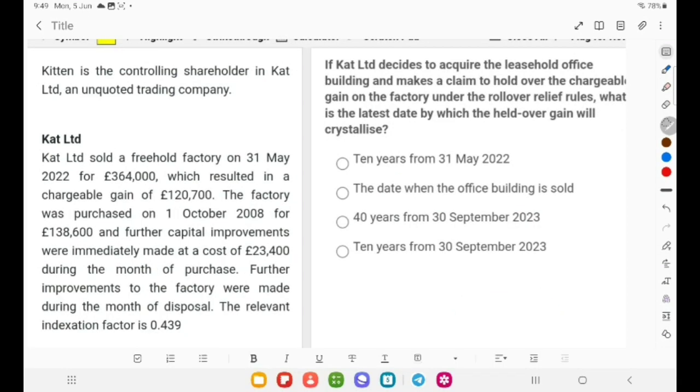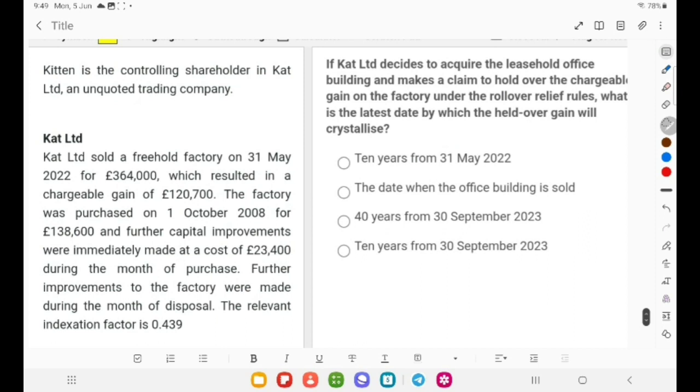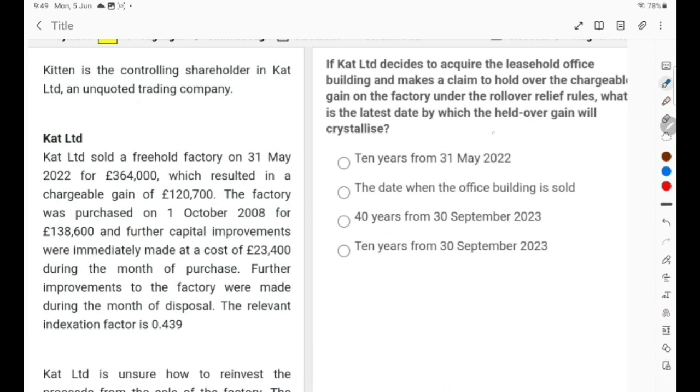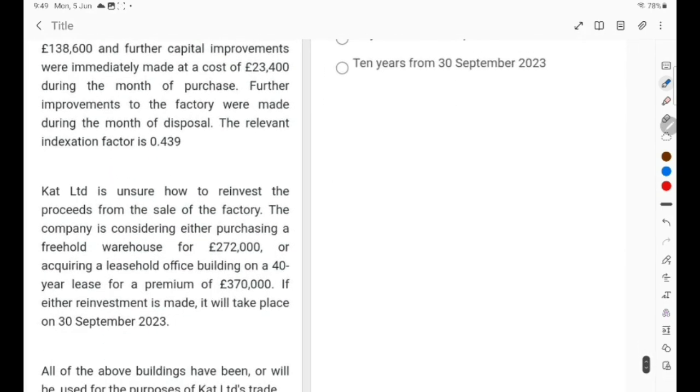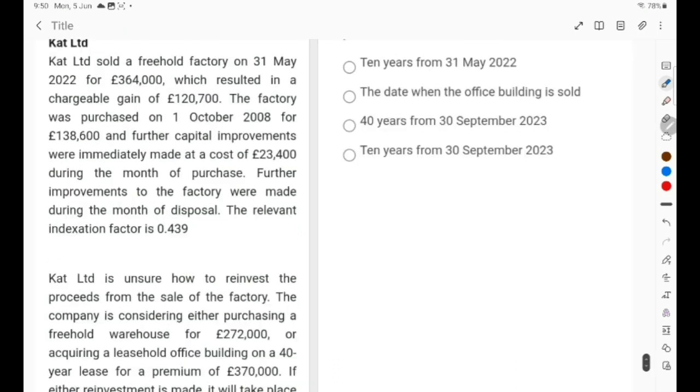The next question about this: if CAT Limited decides to acquire the leasehold office building and makes a claim to hold over the chargeable gain on the factory under the rollover relief rules, what is the latest date by which the held over gain will crystallize? So we have to consider three dates in this regard. Number one, the date when the replacement asset is disposed of.